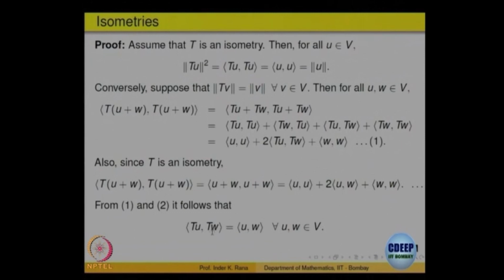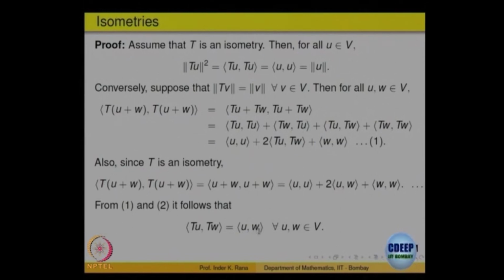So, from 1 and 2, what we are assuming is T preserves the notion of distance, right. So, norm of Tv square is same as norm of v square. So, this is norm of u square, this is norm of w square. So, once you expand that you will get Tu, this is anyway, it is simple.